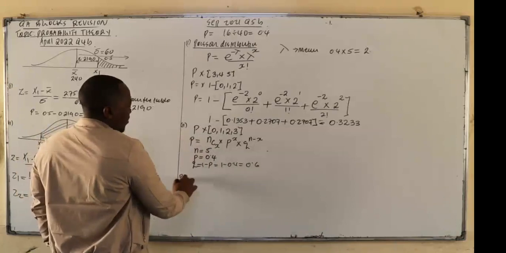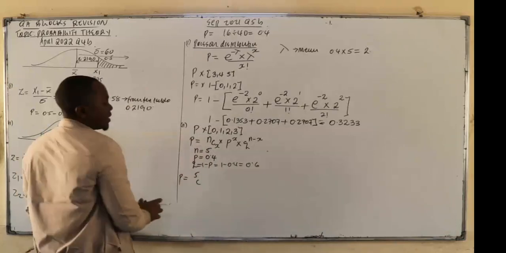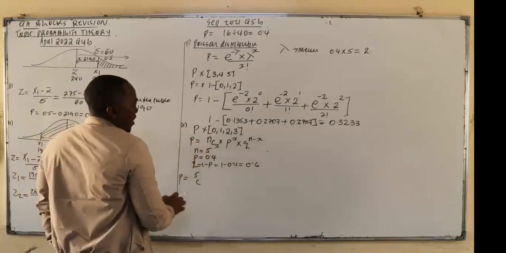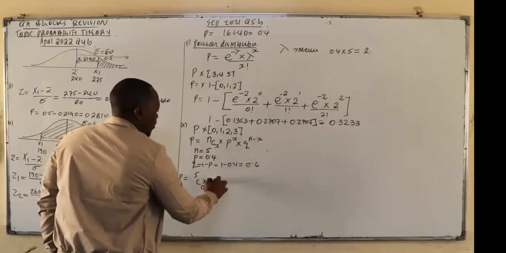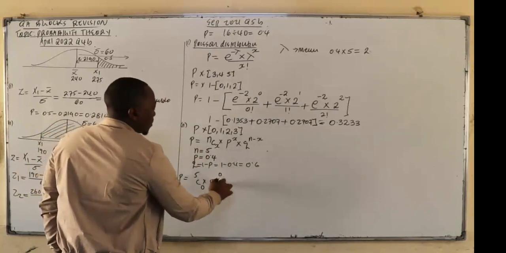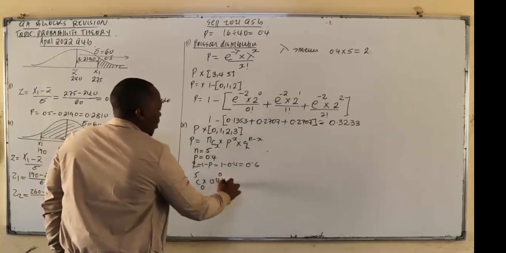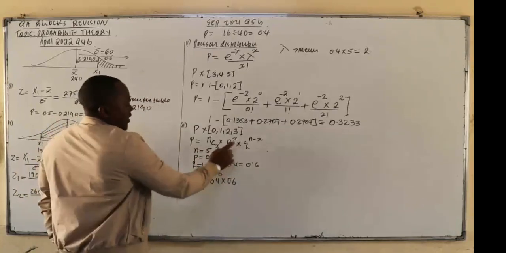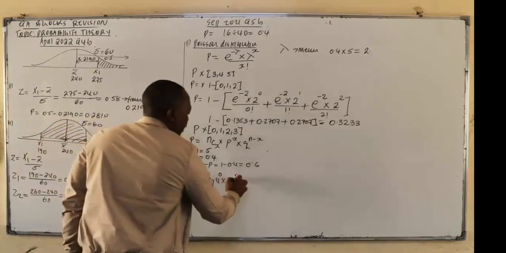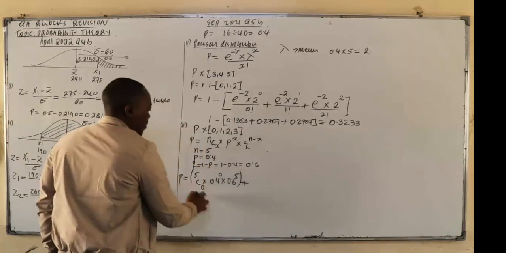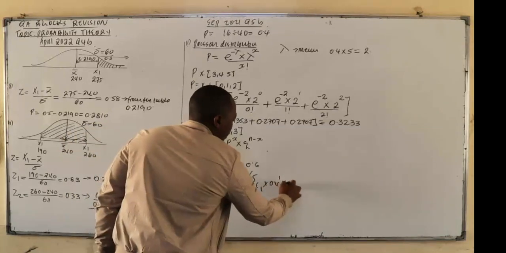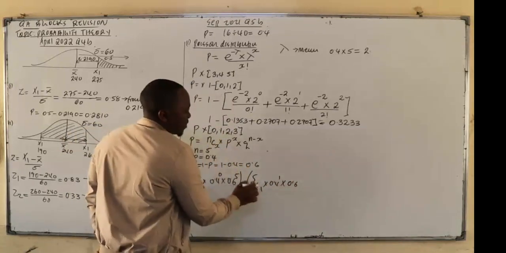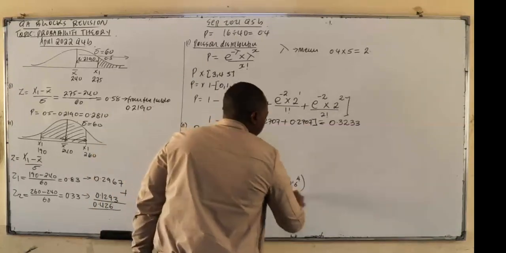So the probability will be, n is 5. Now we start when x is 0: 5 combined 0 times probability 0.4 raised to power x, x is 0, times q, q is 0.6, 5 minus 0, it's 5. Or 5 combined 1 times 0.4 raised to power 1, 0.6, 5 minus 1, you get 4.